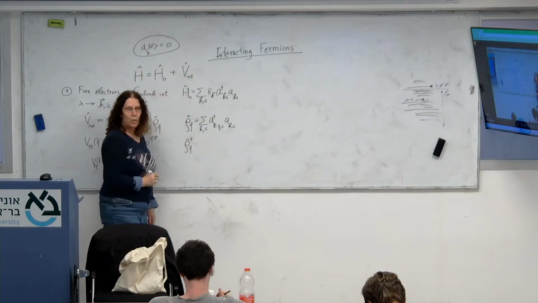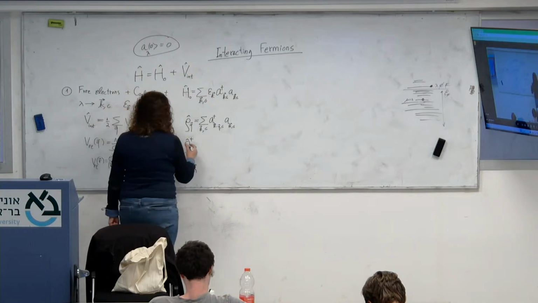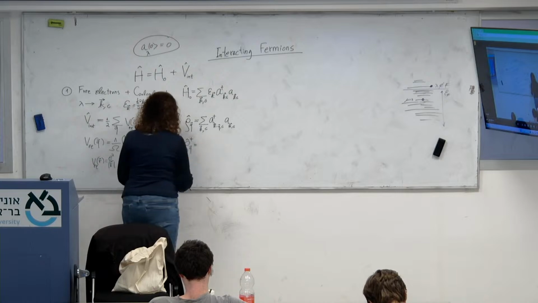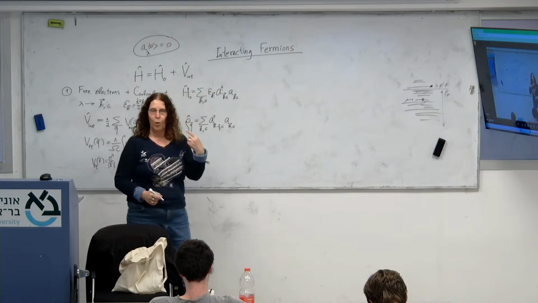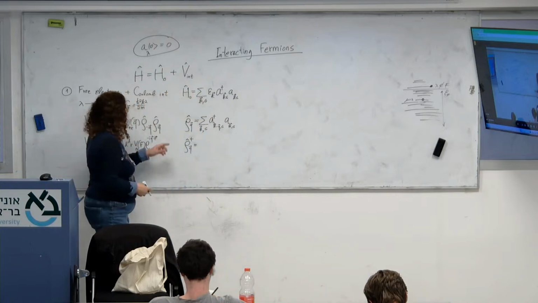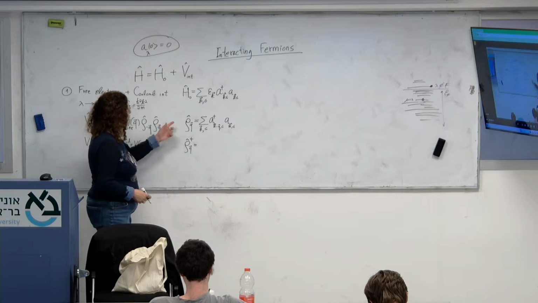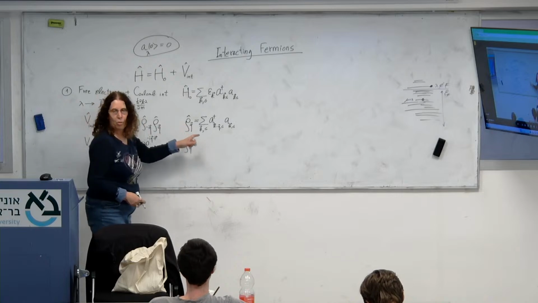So I can also write down the Hermitian conjugate of this operator. We discussed it last time. Because rho of R is a Hermitian operator, its Fourier transform is a Hermitian conjugate to its minus Q component.